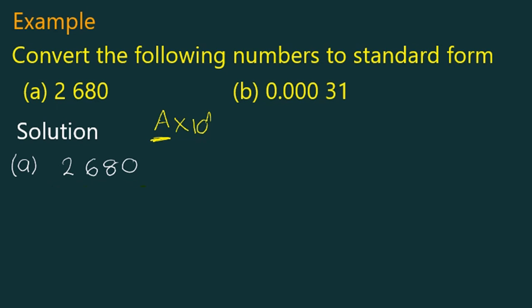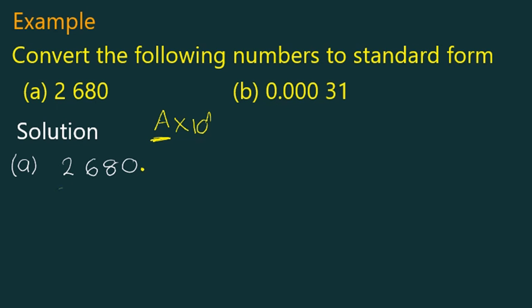The decimal point is just after the 0. That's where it is right now, because it's 2680.0.